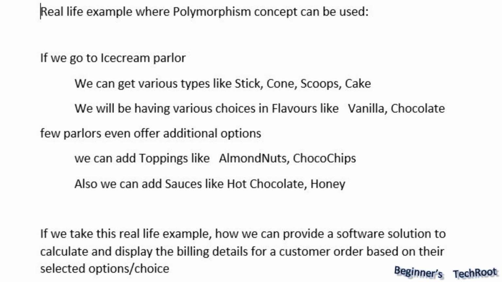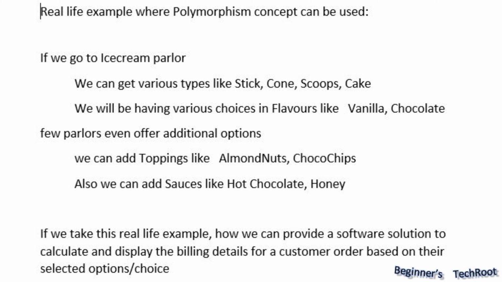So how can that be done? And how can we display the price and order details based on their choice? We will write a simple program using object-oriented programming in the C# language, using the concept of polymorphism.